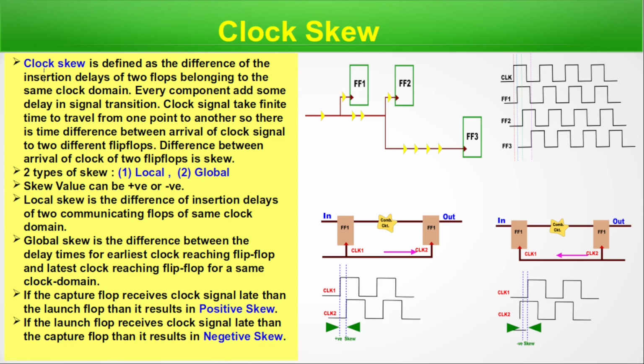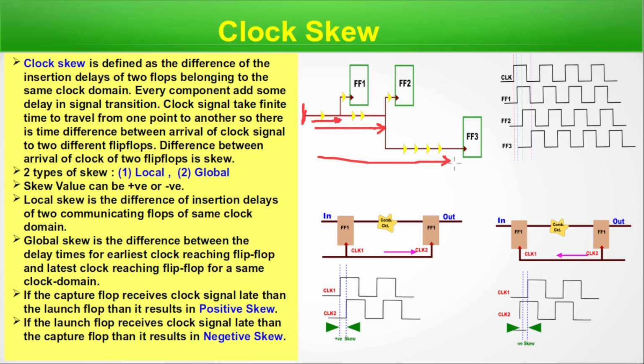Clock skew is defined as the difference of insertion delays of two clocks belonging to the same clock domain. There are two flip-flops, same clock domain. When the clock is coming from the clock source, there is a difference. If the clock source is on this side, we can easily see that this path is shorter, this is moderate and this is the longest.